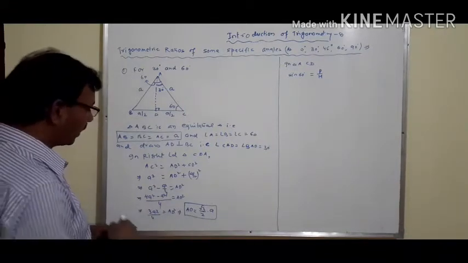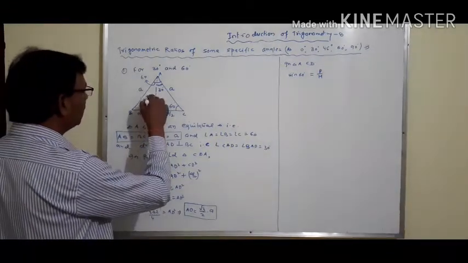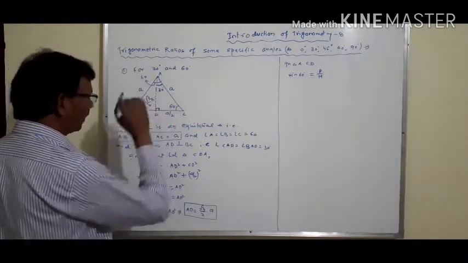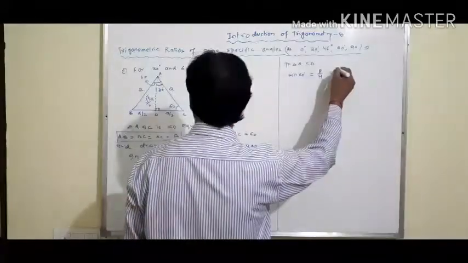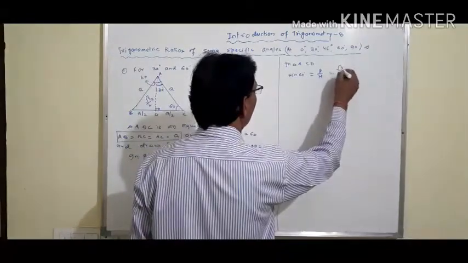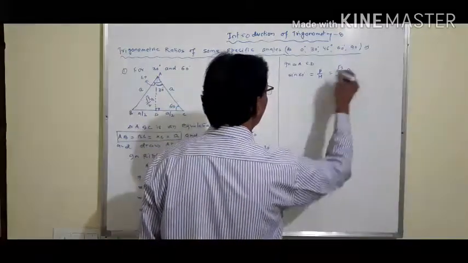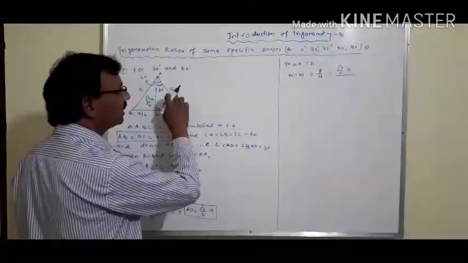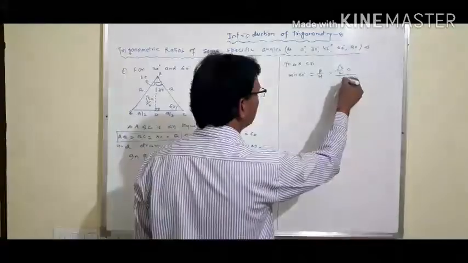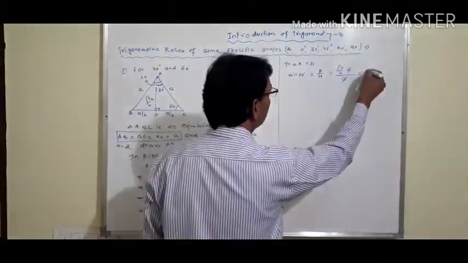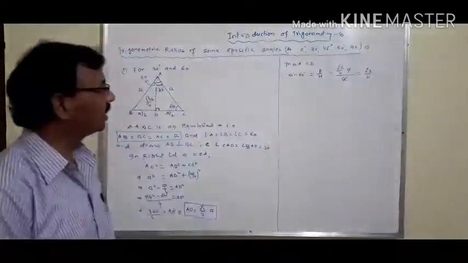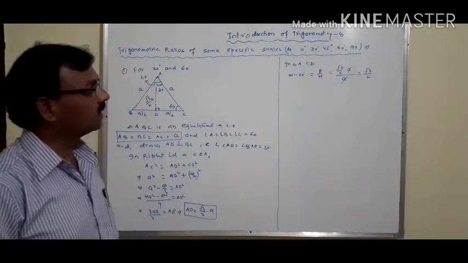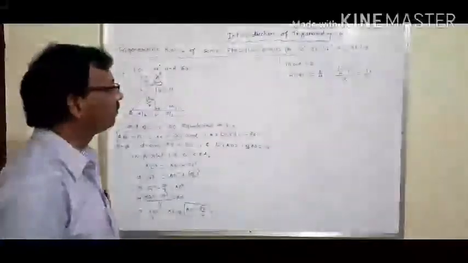Now perpendicular is root 3 upon 2 into a, upon hypotenuse a. a and a will be cancelled. This will be root 3 by 2. That means sine 60 degree equal to root 3 by 2.